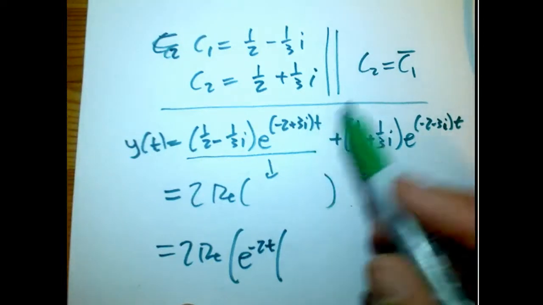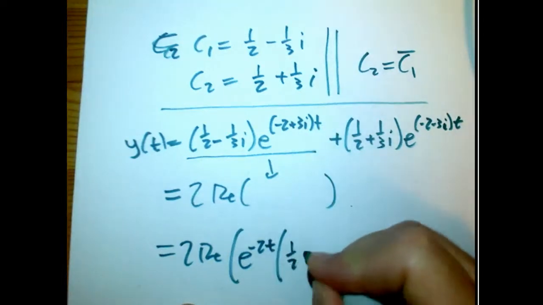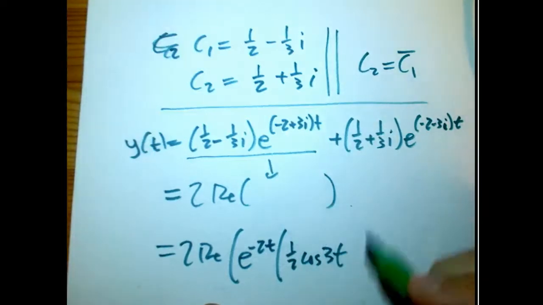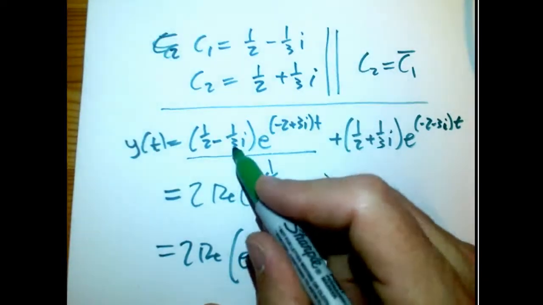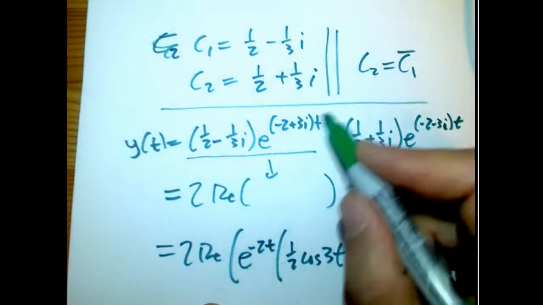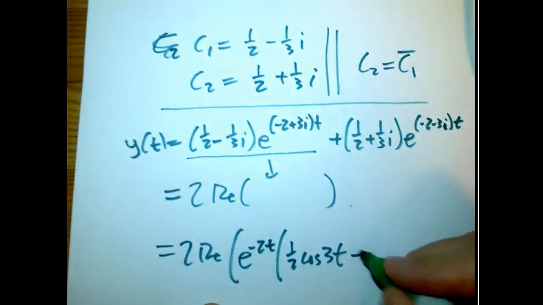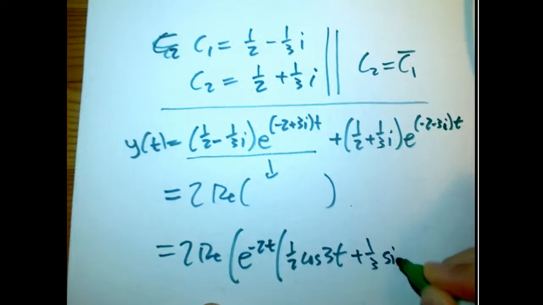I'm just going to drop the part that's imaginary. So I'm going to have 1/2 cosine 3t. And then the other part is the minus 1/3 i times the i sine 3t. The minus and i cancel, and I get plus 1/3 sine 3t.